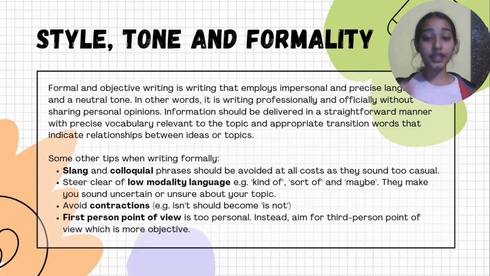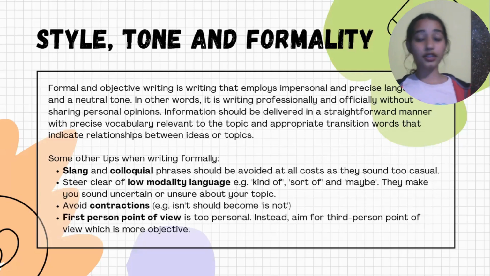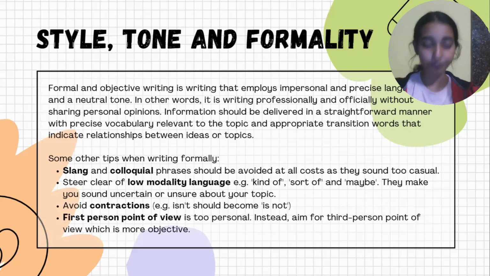This should use precise language and a neutral tone. It should not be too friendly, and it should not be too informal, so that the person who is reading should get a tone that it is an explanatory text. So the first tip is that no slang phrases should be used because they make the text sound too casual.